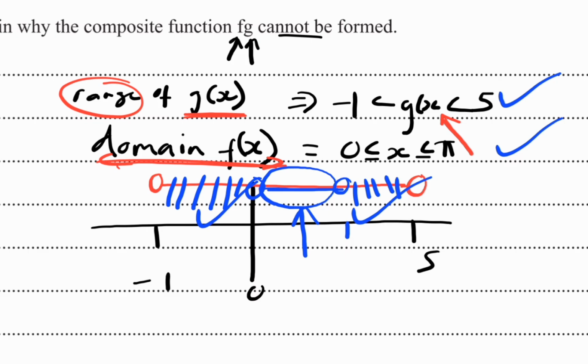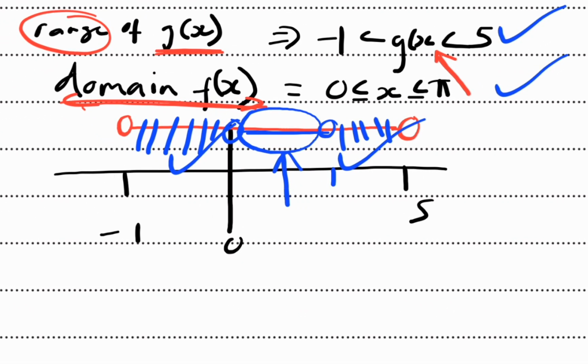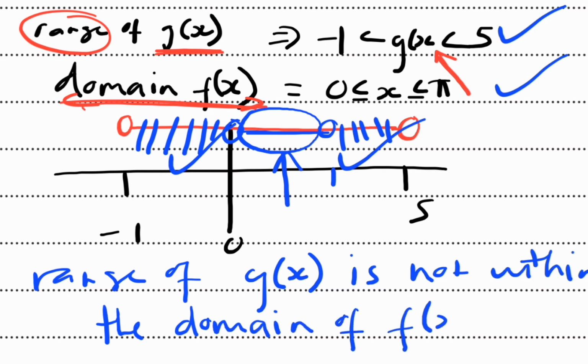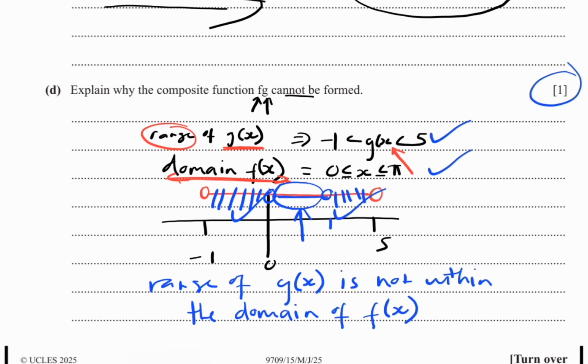So to explain why the composite function fg cannot be formed, we just have to say the range of g of x is not within the domain of f of x, right? Then we get our 1 mark there, right?